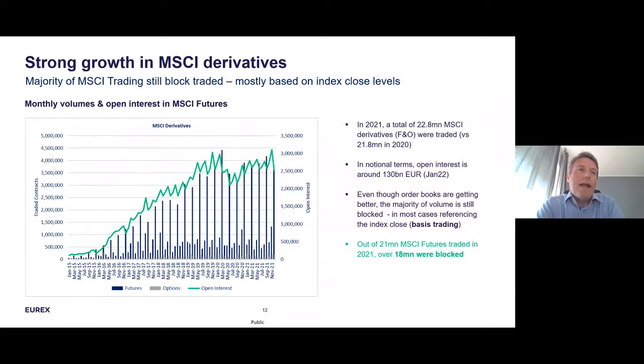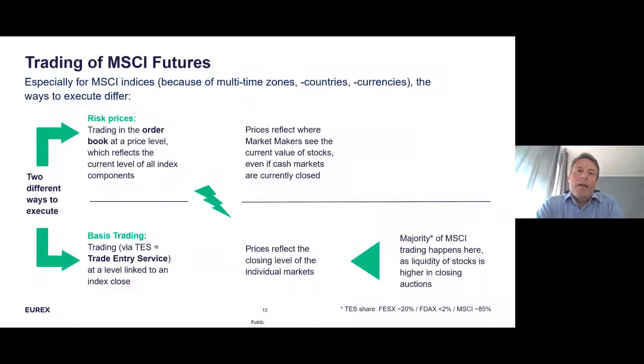So why is that? I would say not because our market makers are not good enough, but on the next slide you can see that there are two different versions of how you can execute MSCI futures on Eurex. What's special here on the MSCI indices is that most of them are multi-time zone, multi-country, and multi-currency indices.